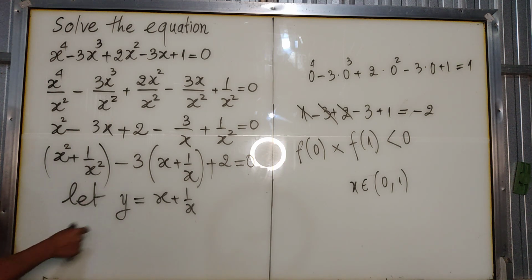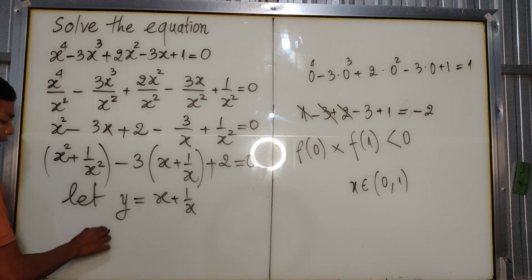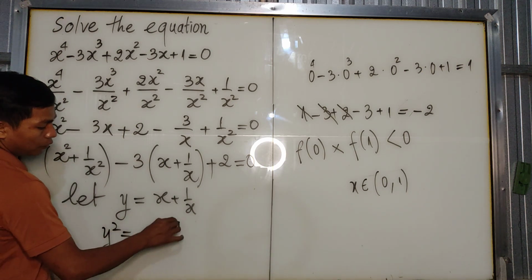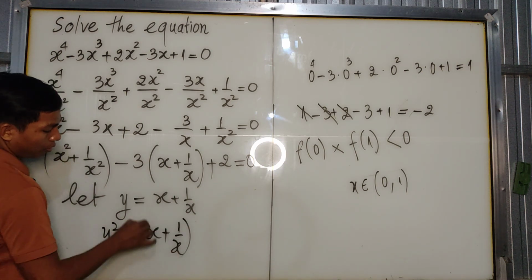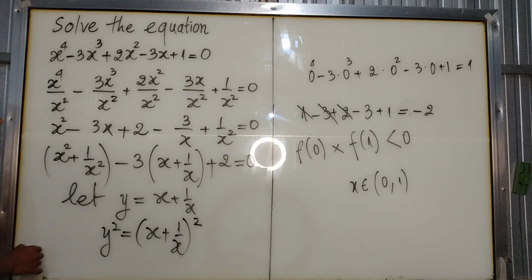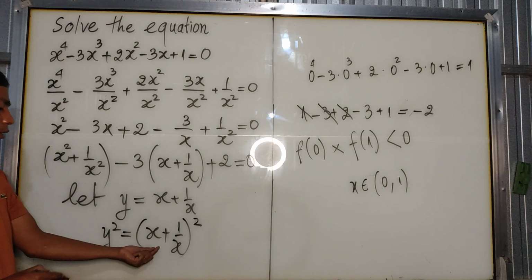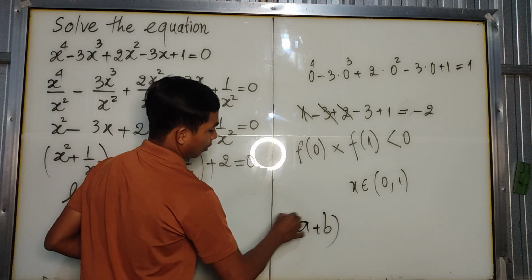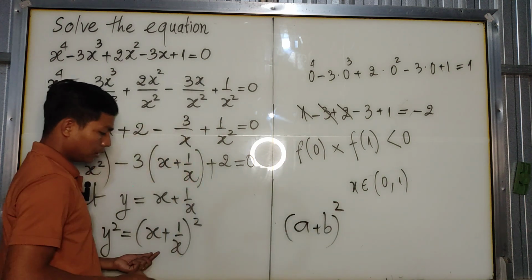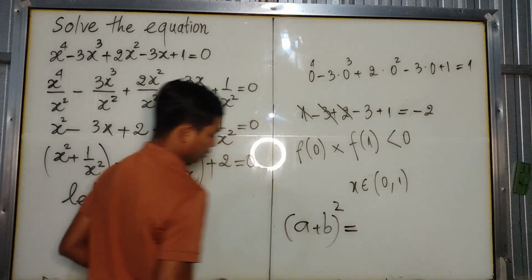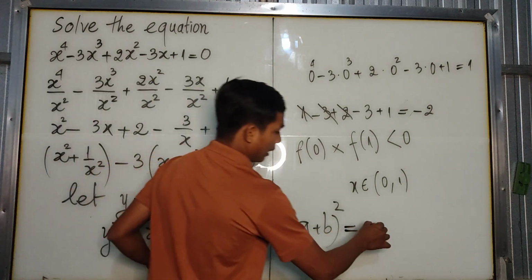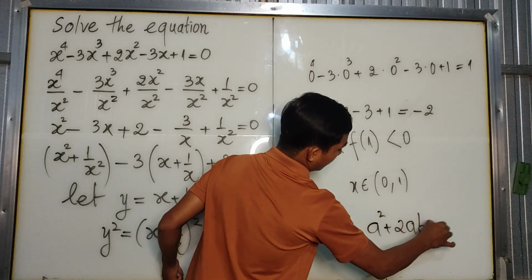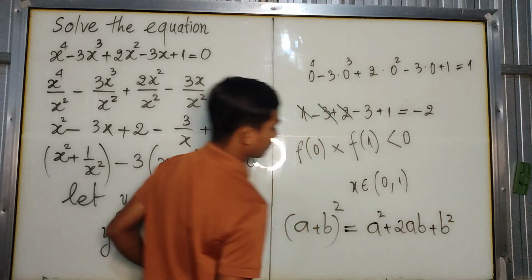So we can find the value of x squared plus 1 over x squared. We have y squared equals x plus 1 over x all squared. So we use the rule a plus b all squared equals a squared plus 2ab plus b squared.